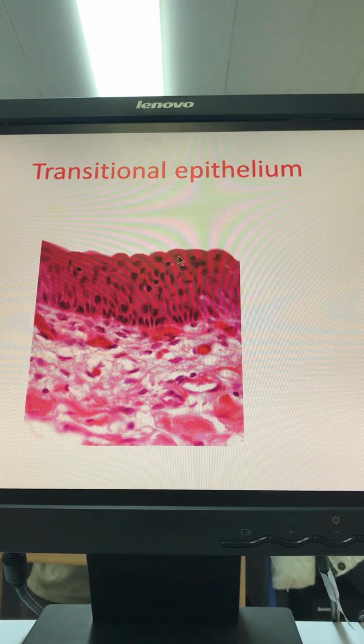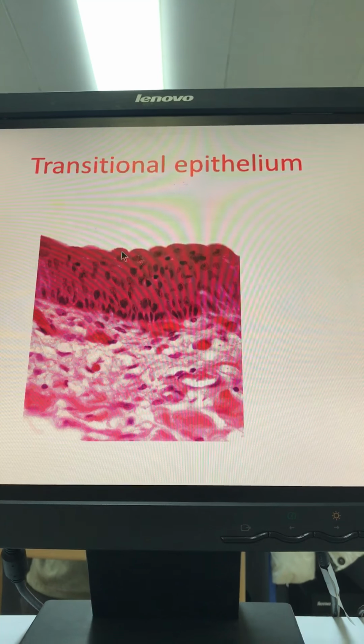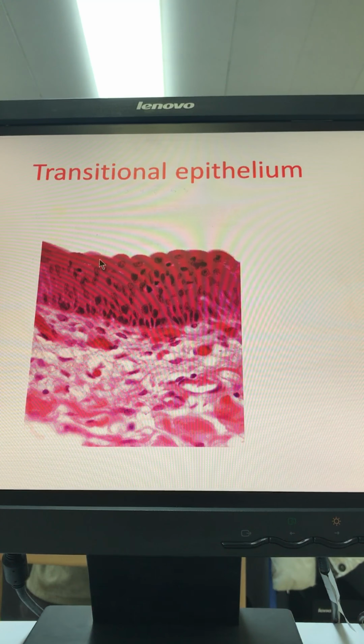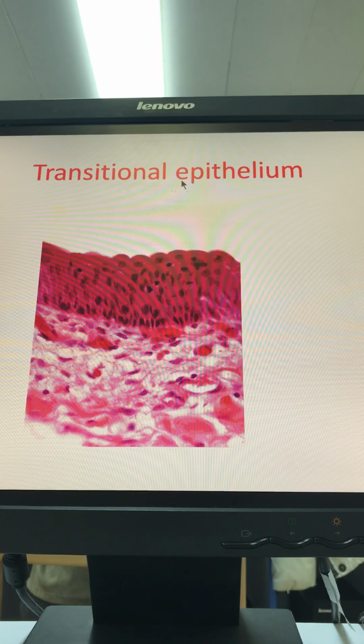Actually, we have a change, we have a transition at the shape of the cells, okay? We have a transition, then we can tell this is a transitional epithelium.